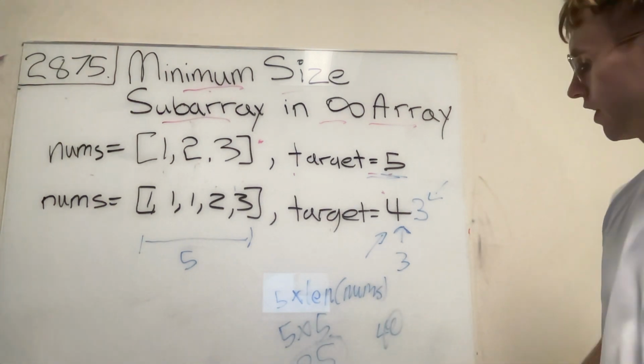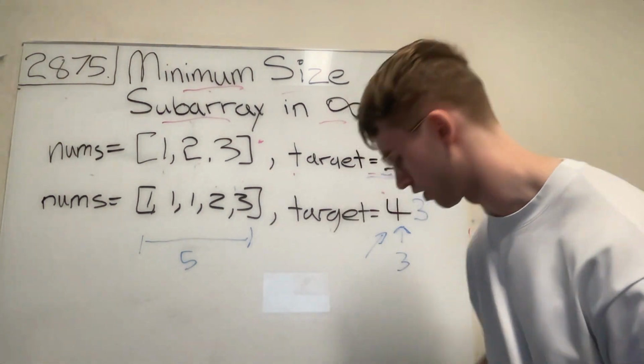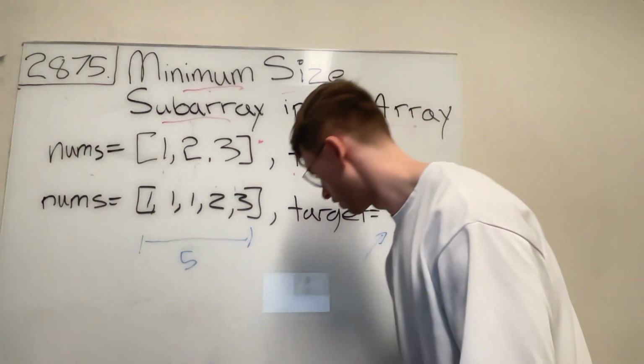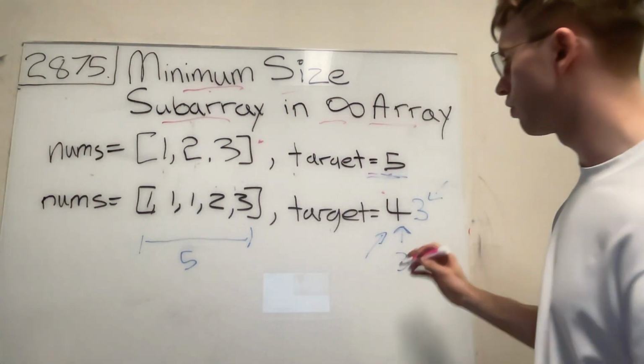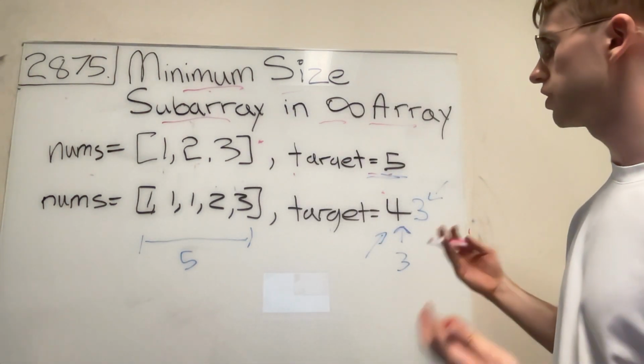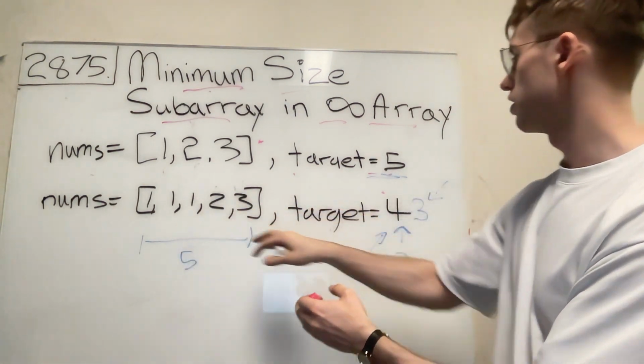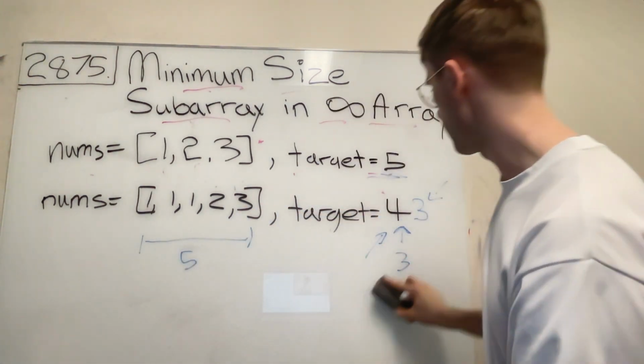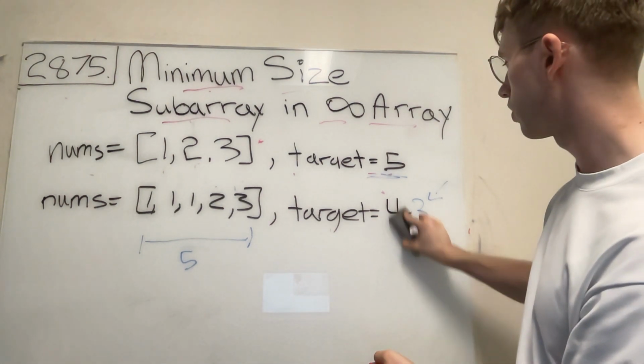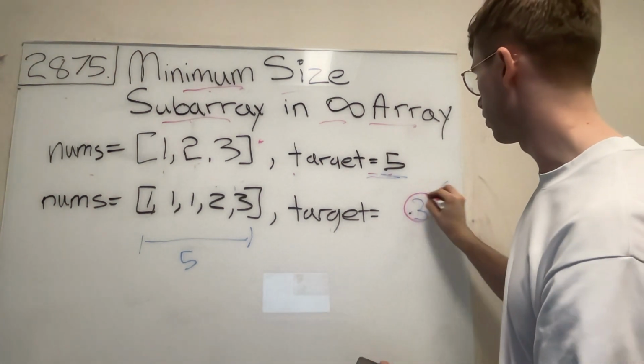In order to figure that out, and I'm going to use a different color because this one's getting faint, we already know that we need 25 elements, or at least 5 windows, to get to 40. So now our problem isn't 40 anymore. We're now just trying to find 3.